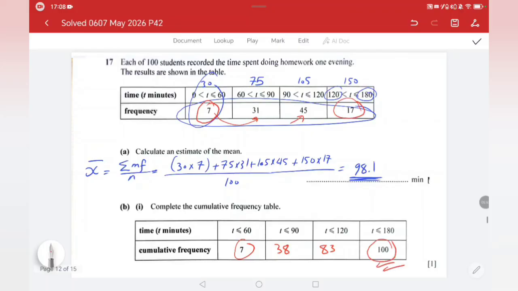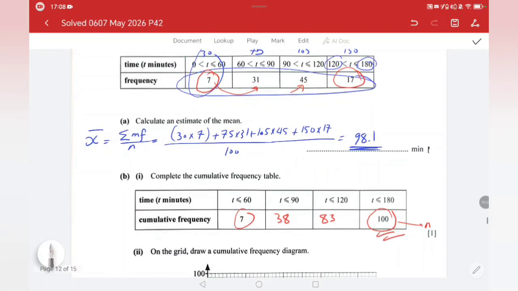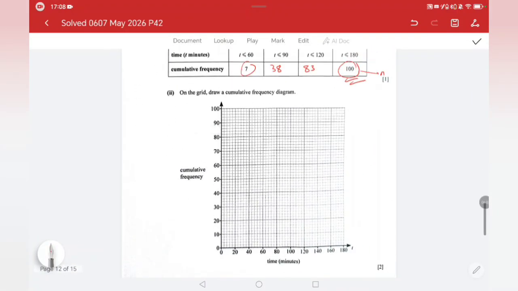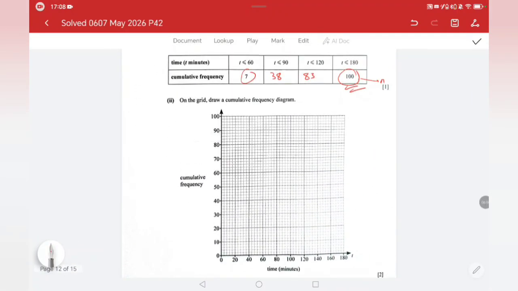This is also to double check that it gives n. Okay, so you are correct. Okay, done with this. Now let's use this cumulative frequency table to draw the cumulative frequency diagram.